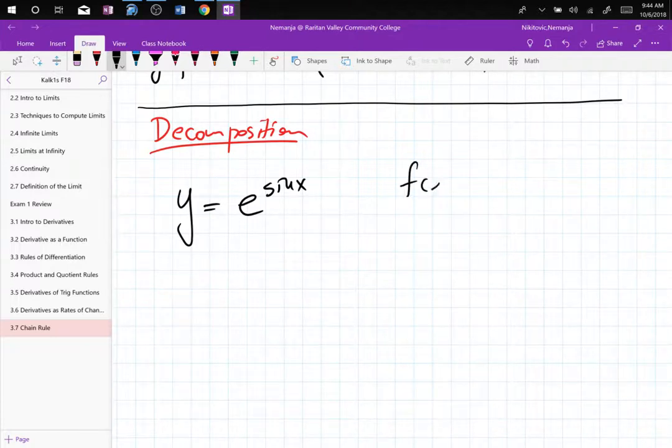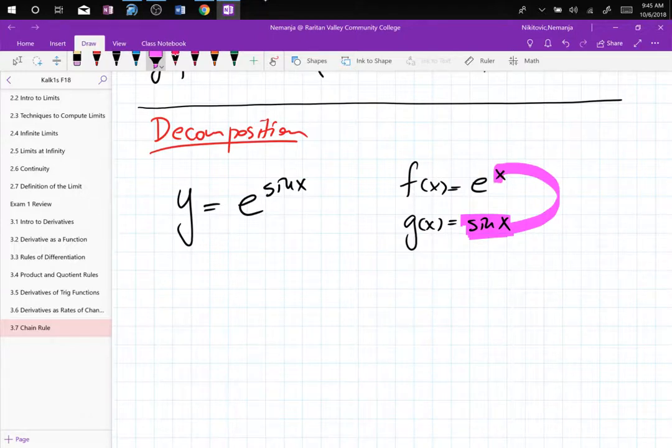So this would decompose into f of x is equal to e to the x, and g is plugged in there because this sin x, you see that there is x after sine, right? So this whole thing here goes into this x and creates e to the sin x. So, and we will always do f composed with g, so that's the only one we're working on. So f will always be the main function and g will always be plugged in. So there is no deviation there.